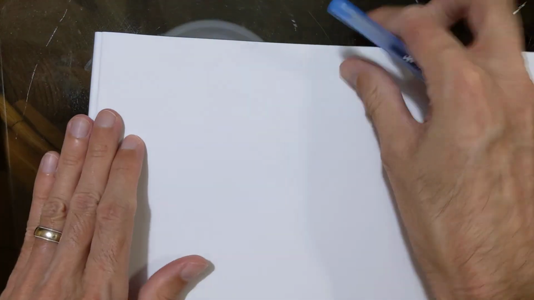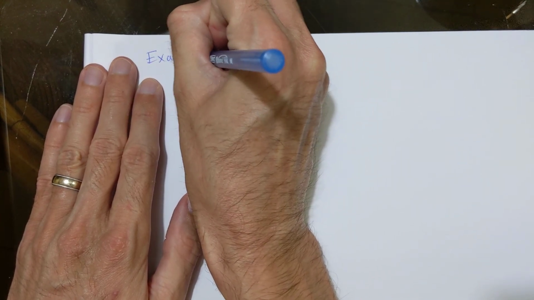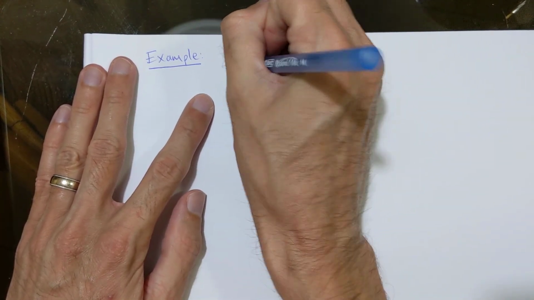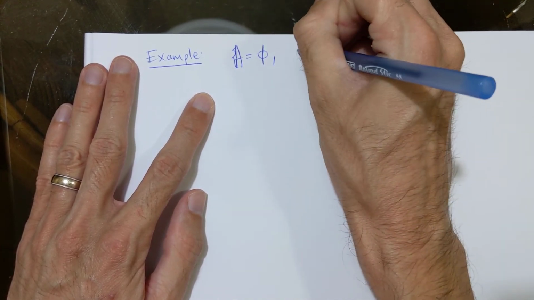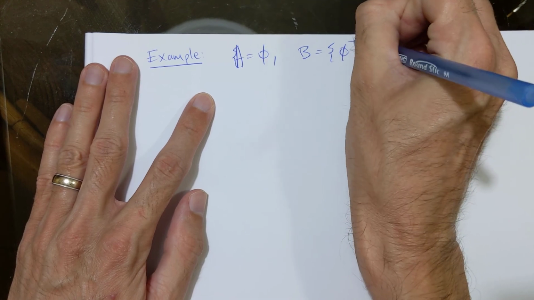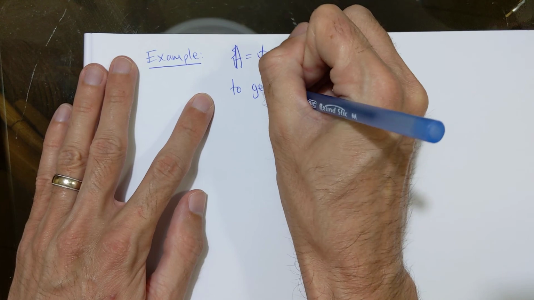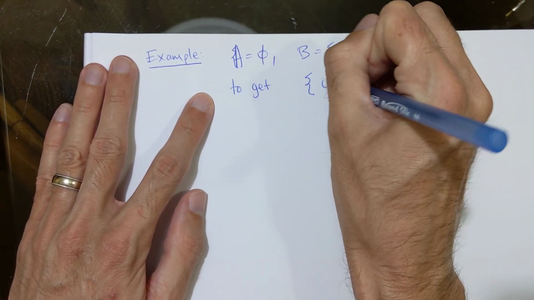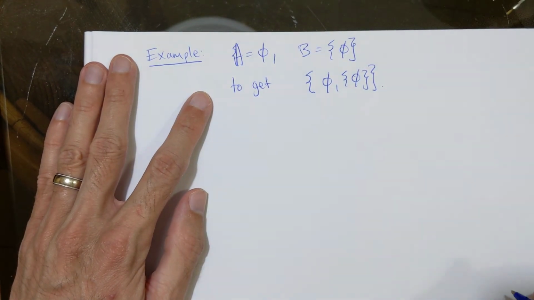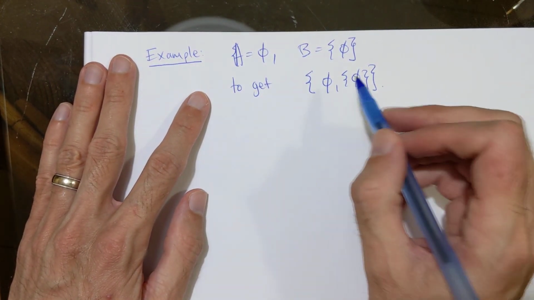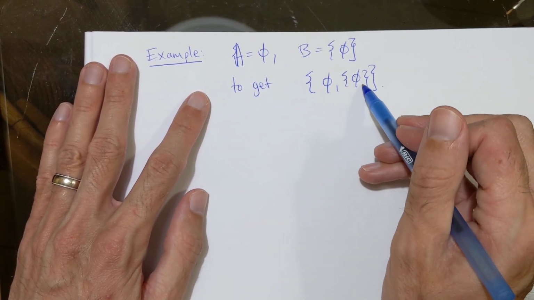So another example: take A to be the empty set and B to be the set whose only element is the empty set, and then you get a set with two elements. One of the elements is the empty set, the other element is the set whose only element is the empty set.